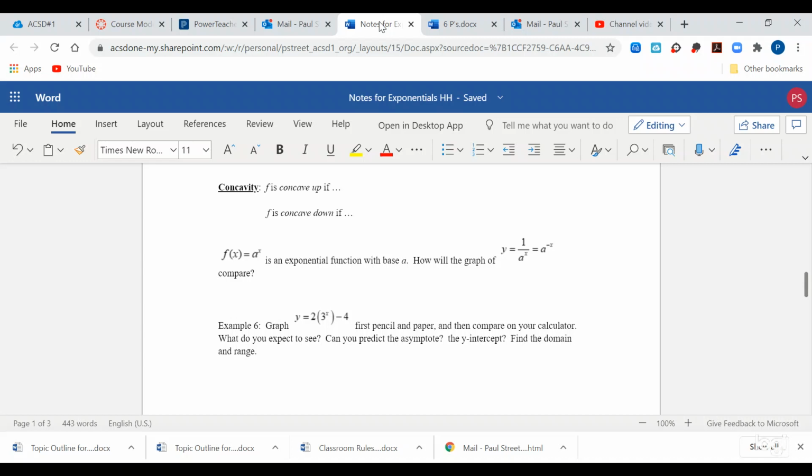So a function can be increasing and concave up, something that looks like that. It can also be decreasing and concave up. Okay, so the increasing or decreasing is totally independent of the concavity.